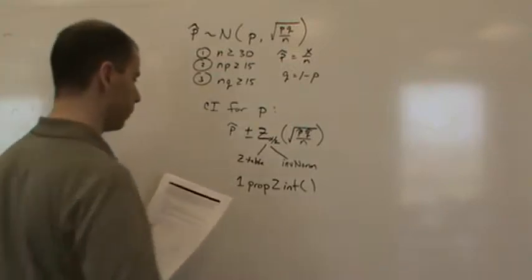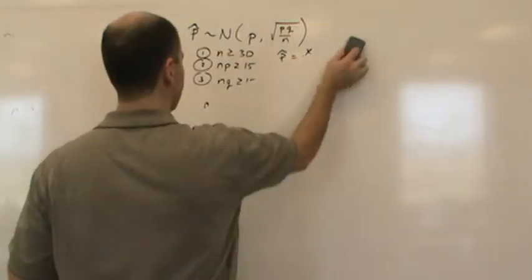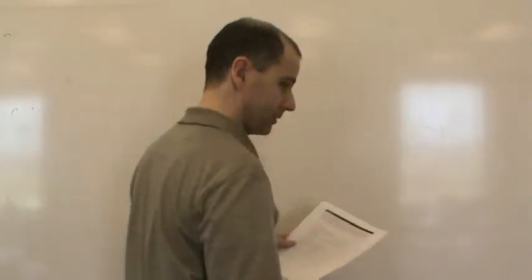Okay, so the first example we're going to do is this. Suppose that a marketing research firm is hired to estimate the percent of adults living in a large city who have cell phones. 500 randomly selected adult residents in the city are surveyed to determine whether they have cell phones.